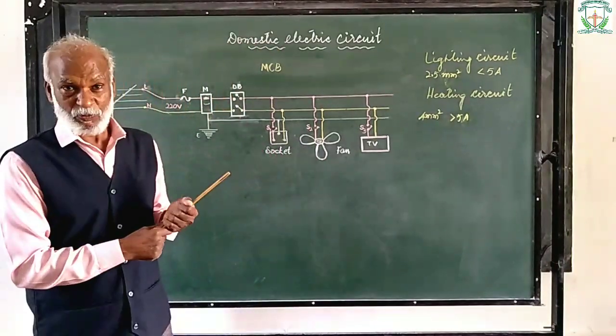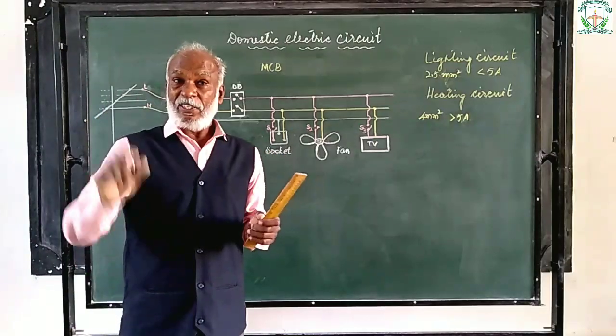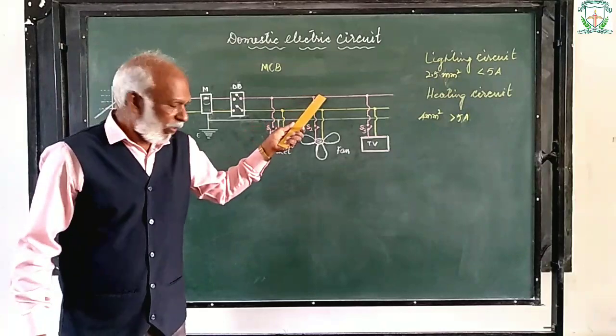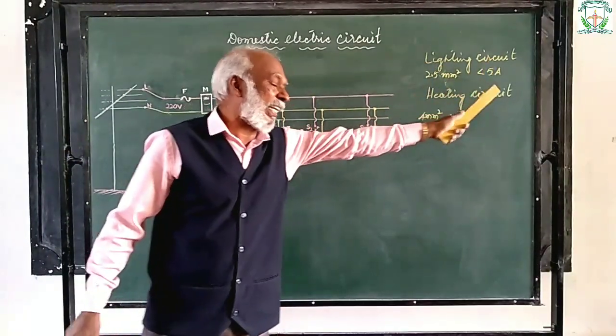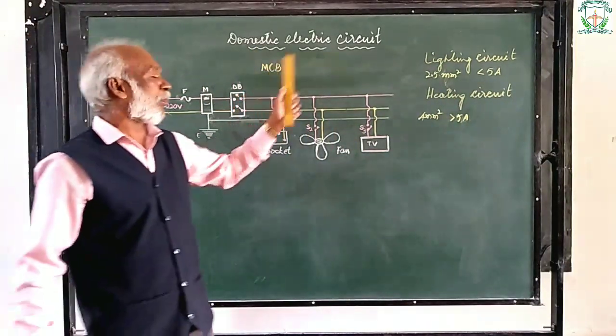What is the reason for the tripping of circuit breakers? Say, for example, it's a lighting circuit and a 6 ampere circuit breaker is used.